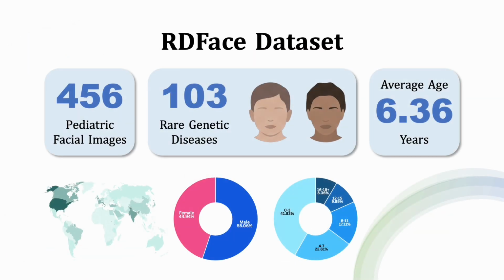To address this gap, we introduce RDFace, a curated pediatric rare disease facial image benchmark. RDFace contains 456 facial images spanning 103 rare genetic conditions, with an average of only 4.4 images per condition. This makes RDFace an ultra-low shot benchmark by design.